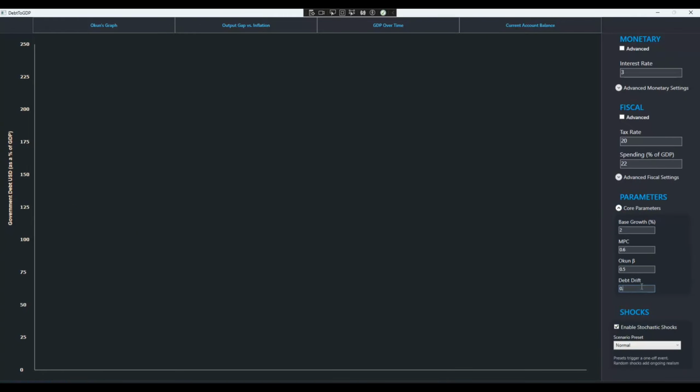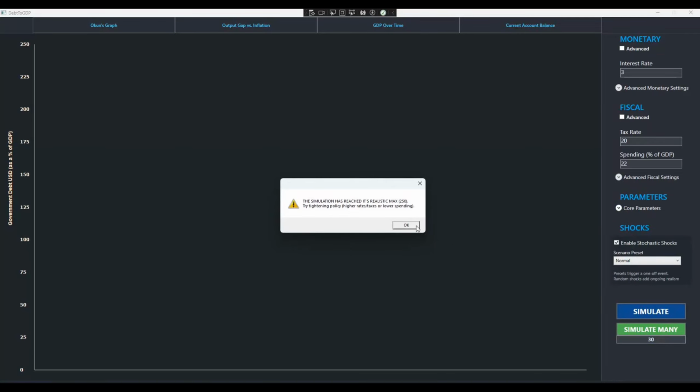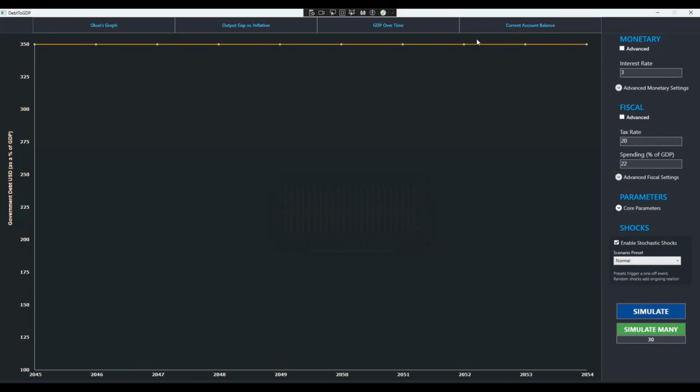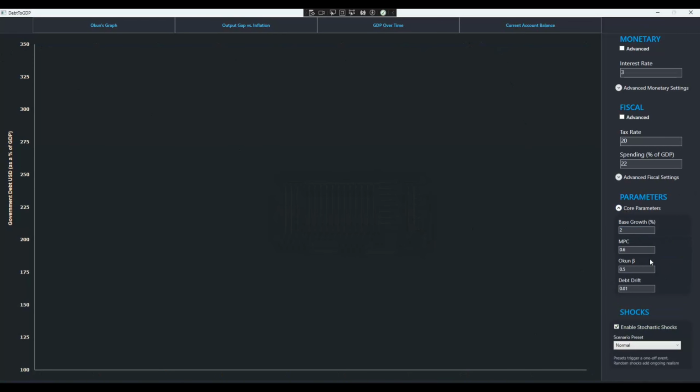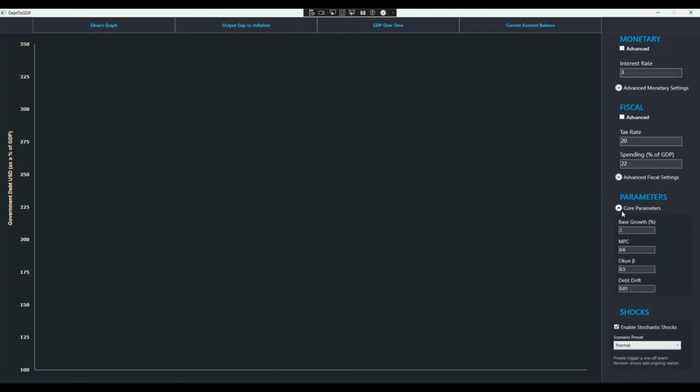So setting the debt drift to 0.3, simulating 30 years, and we can see debt is a lot higher. To keep it within the balance, we will use a lower value for debt drift. So we can use starting value of 0.01, and we can still see a higher trend line.